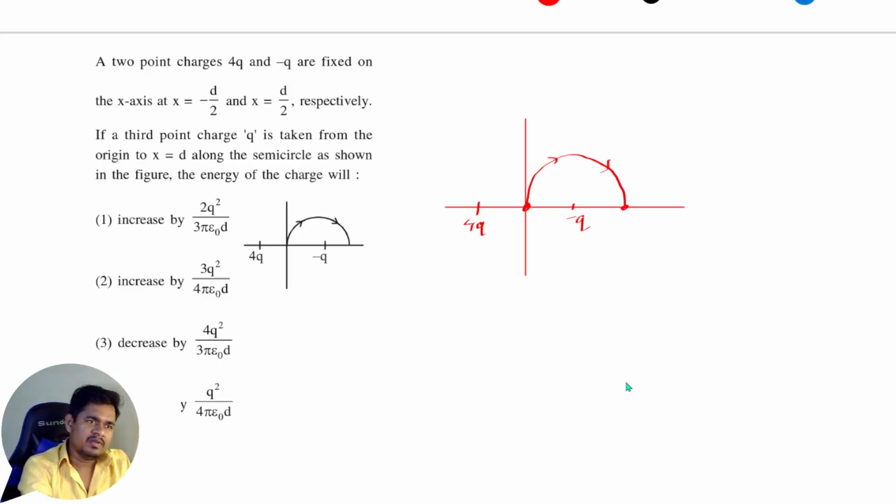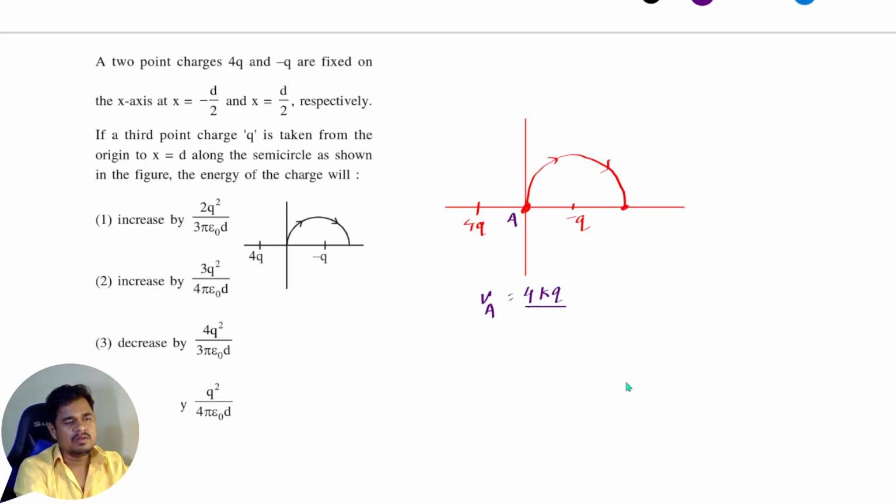Now if we try to calculate the potential at point A, this position, then potential at A is 4kq by the separation between 4q and A, which is given as d by 2, plus the potential due to the negative charge, k times minus q by d by 2.